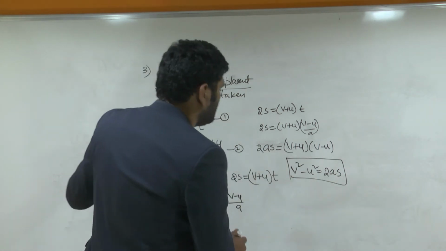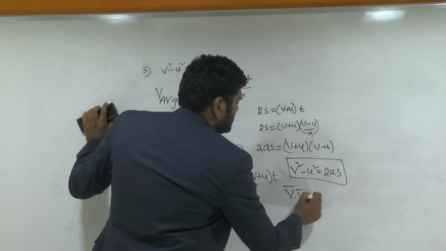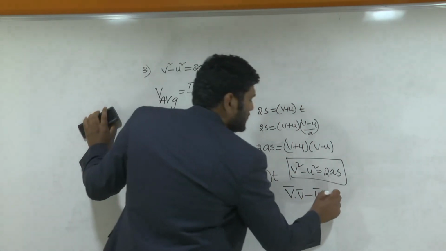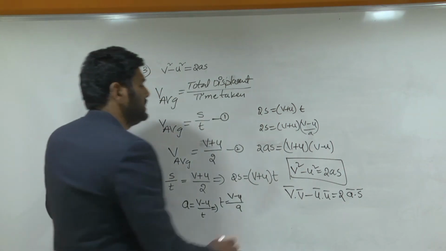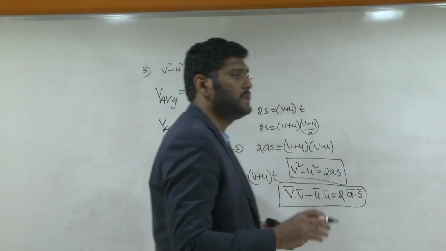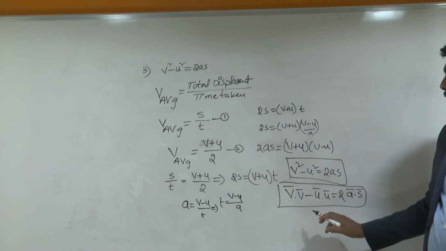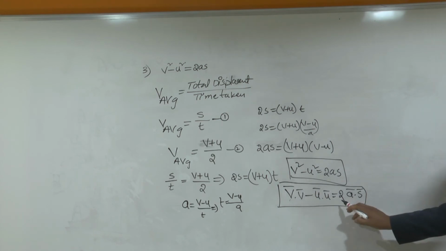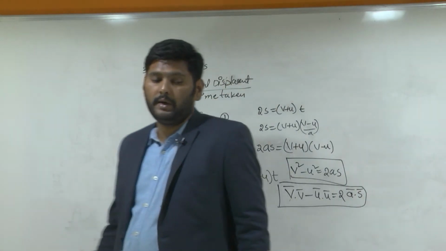The vector form is v bar dot v bar minus u bar dot u bar is equal to 2 into a bar dot s bar. This is the third equation of motion in vector form. Better write it down.